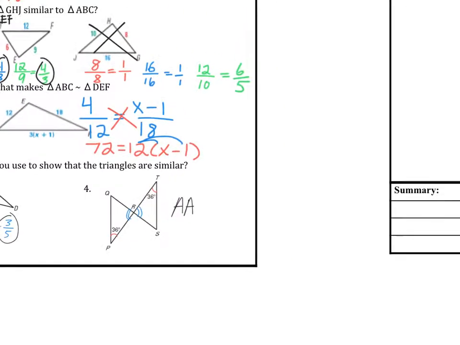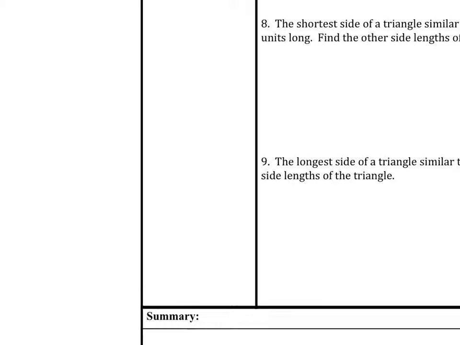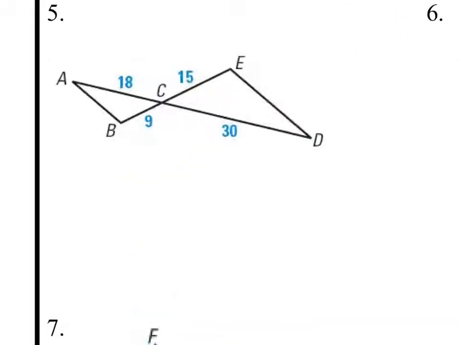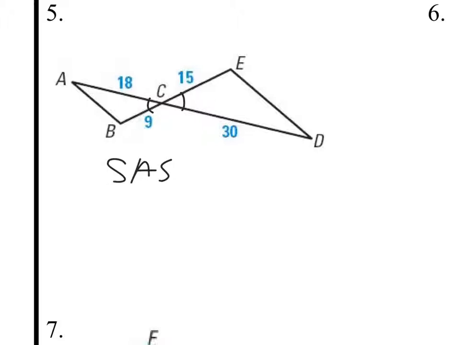The next one is exactly the same as the one we just did for number 3. We know that those are similar already by, was it side, angle, side? But on these problems, it asks you to also write a similarity statement. So we're going to do that real quick. So this is by side, angle, side. We know that because we already checked it.